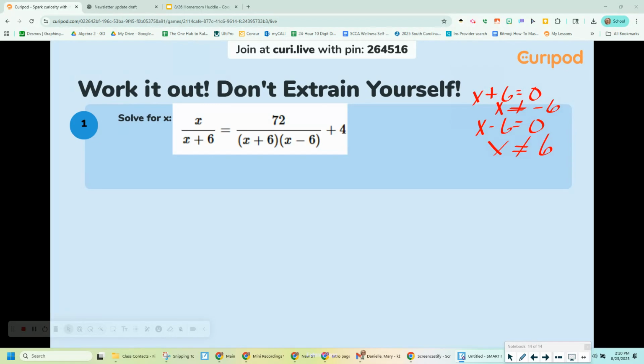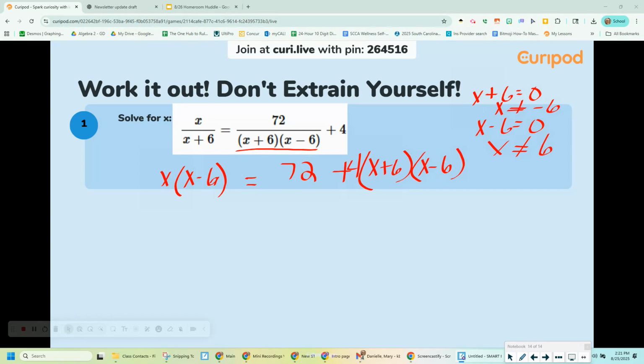My least common denominator is going to be x plus 6 and x minus 6. So I need to multiply the first one by x minus 6. That's going to be equal to 72. I need to multiply the 4 by x plus 6 and x minus 6. Don't forget that 4 out there.